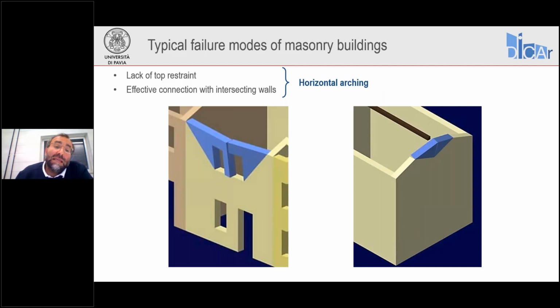And finally, if we don't have good restraint at the top, but we have quite effective connections with the transverse walls, then we may observe the formation of a horizontal arching mechanism. These are only some of the possible mechanisms, the most common mechanisms related with overturning of the walls that we can observe, but other more complicated situations may arise.